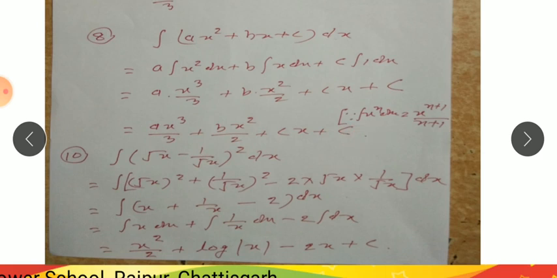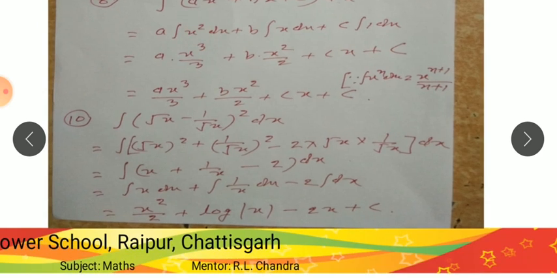Refer question number 10. Integration of (root x minus 1 upon root x) whole square. You know that this is (a minus b) whole square. This question is written as (a minus b) whole square. You know formula (a minus b) whole square is equal to a square plus b square minus 2 into a into b.